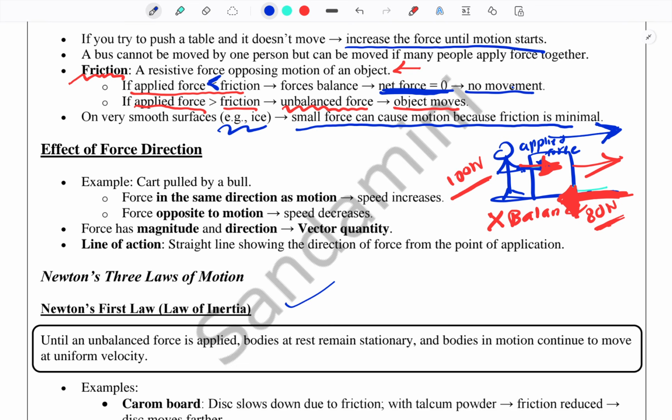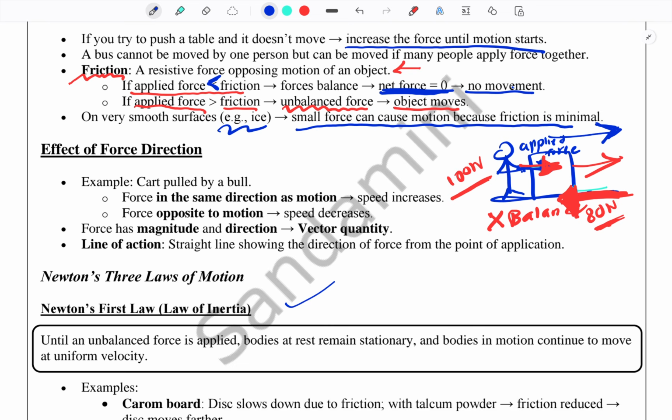I know everyone is saying the slippery road is easier to walk. But on very rough roads, with lots of gravel, it's very hard to walk, because on those roads the friction is higher. When it comes to smooth surfaces like ice, the friction is low.